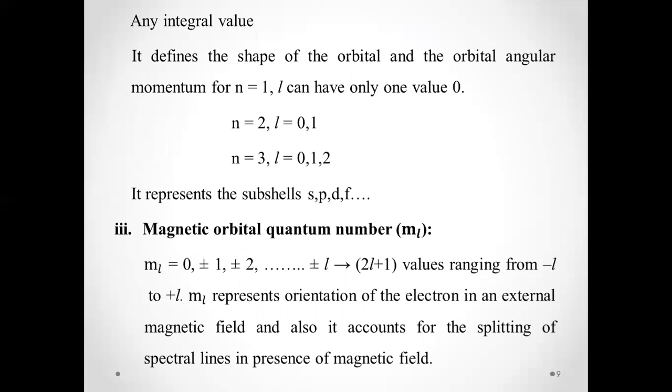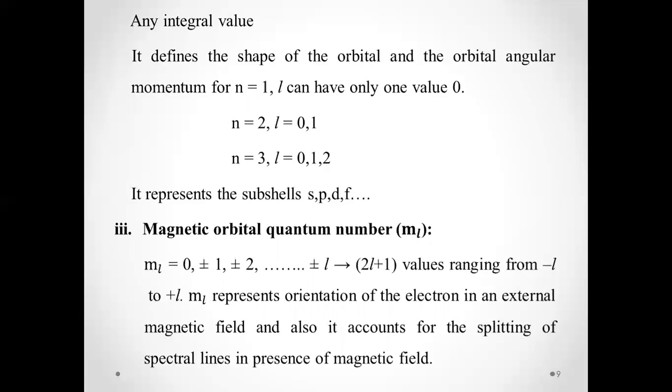The value of l defines the shape of the orbital. For n equals 1, l can have only one value. For n equals 2, l can have two values, that is 0, 1.